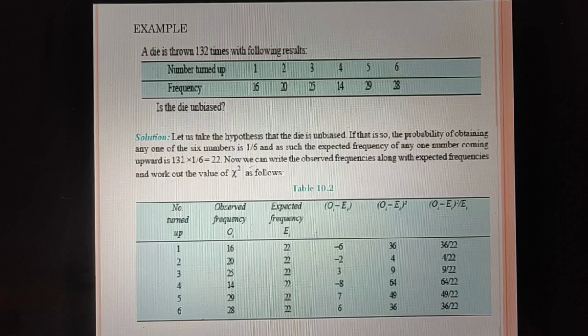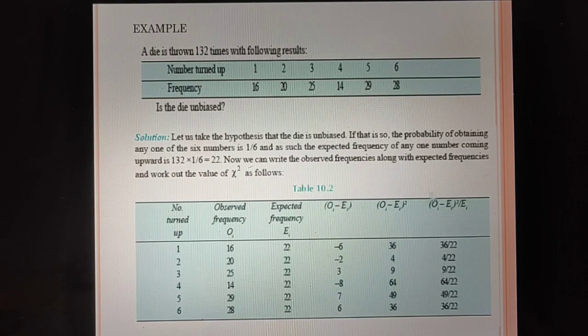So the number of times we have thrown the die multiplied by the probability of one event gives 22. So the expected frequency for our experiment is fixed, and now we are going to examine whether this example follows our chi-square hypothesis or not.